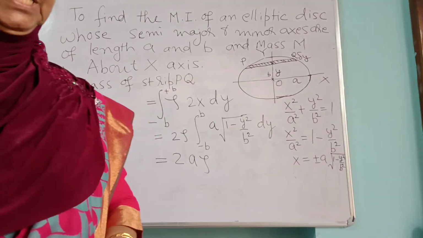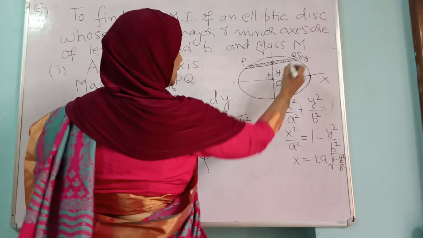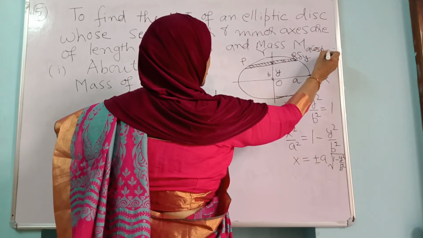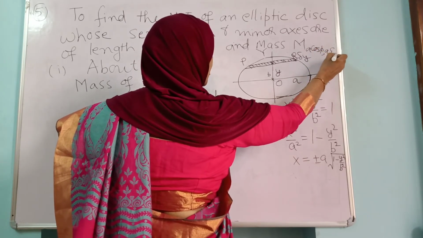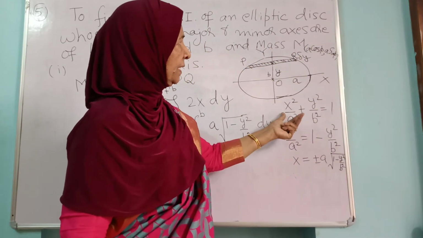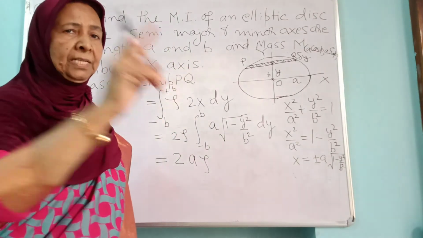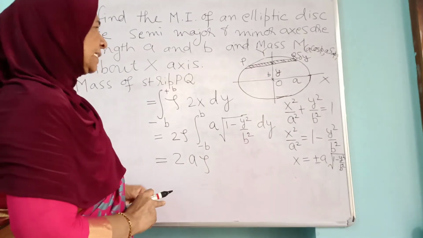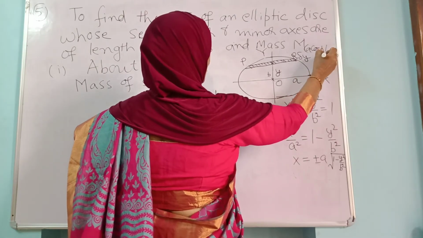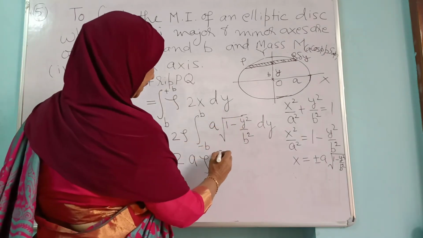What is the substitution here? The substitution will be x is equal to a cos phi, y is b sin phi. You know this will satisfy this equation as well. So you can always take a point on the circumference of an ellipse as a cos phi, b sin phi. So here you will put b sin phi.